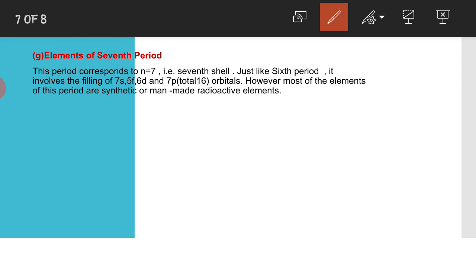Elements of seventh period. This period corresponds to n equal to 7, that is, the seventh shell.